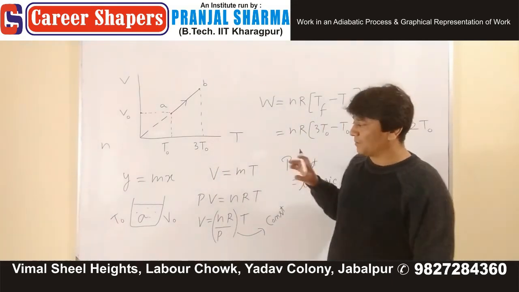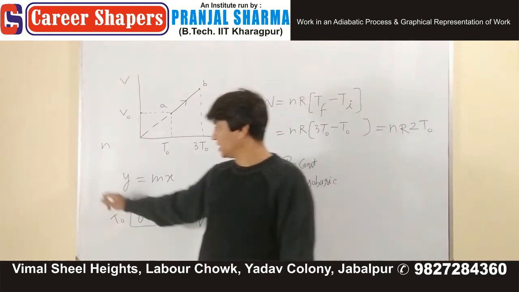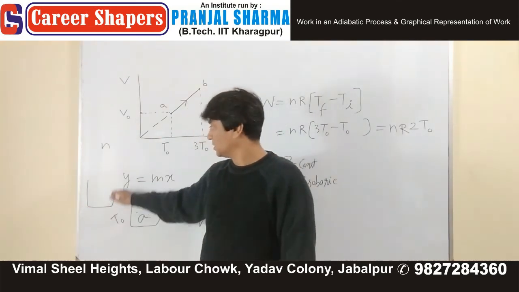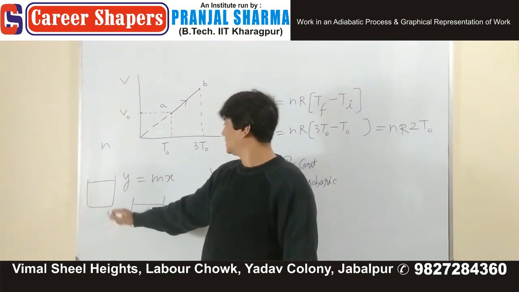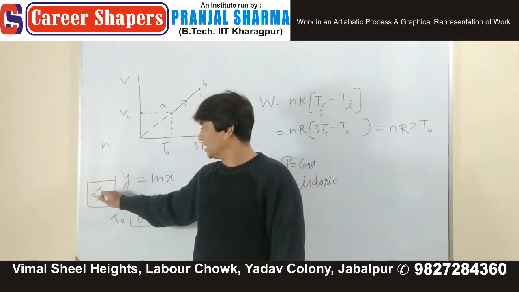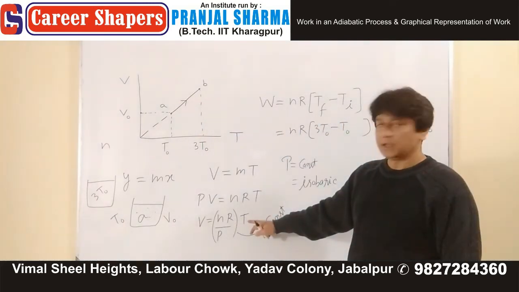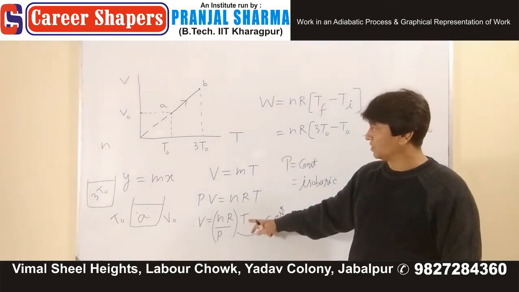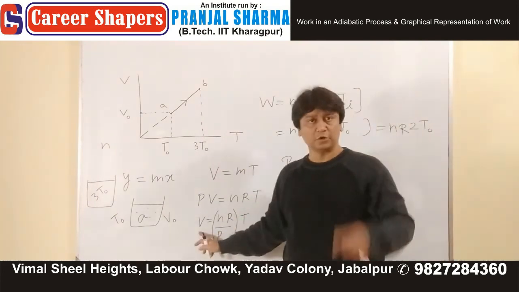Now you supplied heat to the system, and when you supplied heat, its volume increases and the temperature becomes 3 T naught. If you are tripling the temperature from T naught to 3 T naught, this part is constant and the volume will also triple.